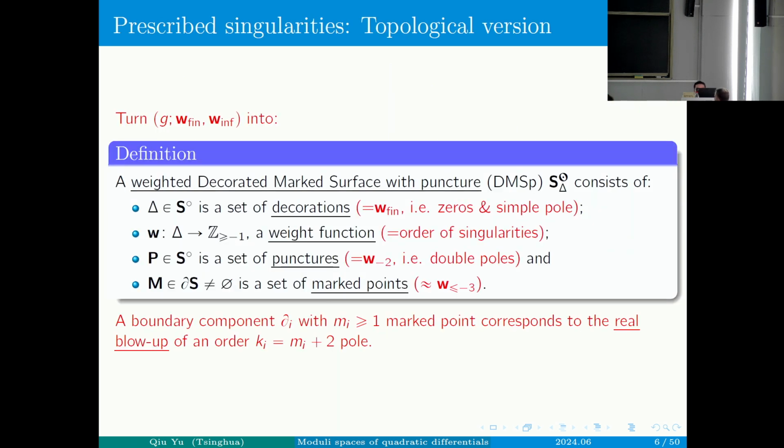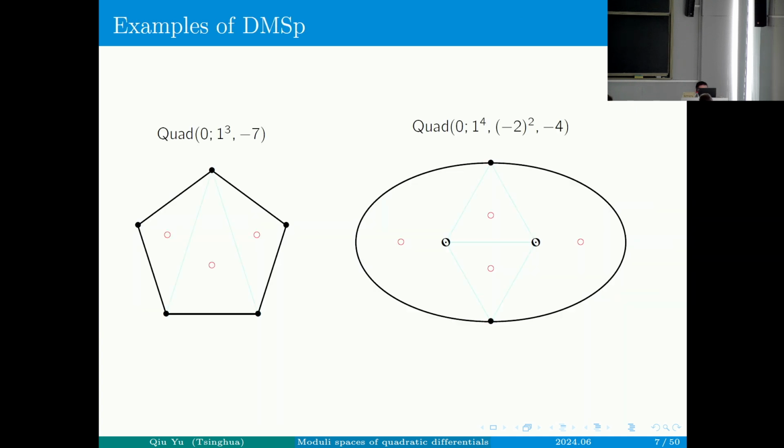So basically, this topological surface with boundaries and marked points and the decorations and punctures inside records all the information we have for the numerical data. So, for example, if we have an order 3 polynomial.